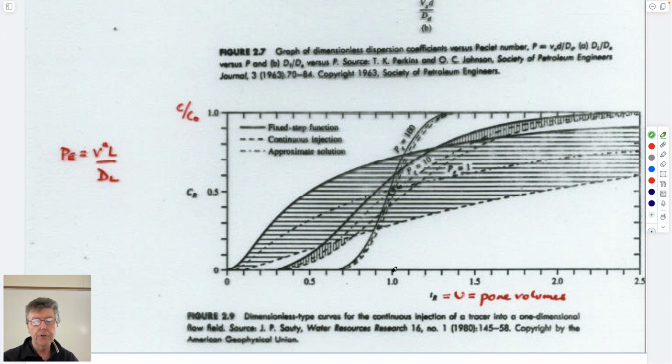This is one pore volume, which is here. And the lines that we're interested in for the particular boundary conditions are this solid line. This is a constant upstream concentration. And so you see for a Peclet number of infinity, this would be a Peclet number of infinity.